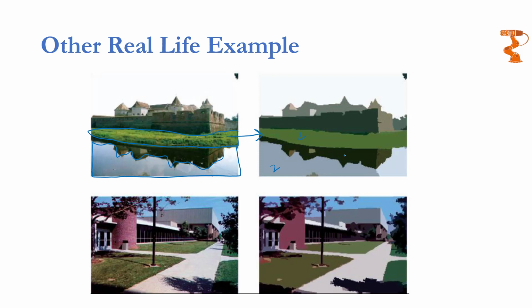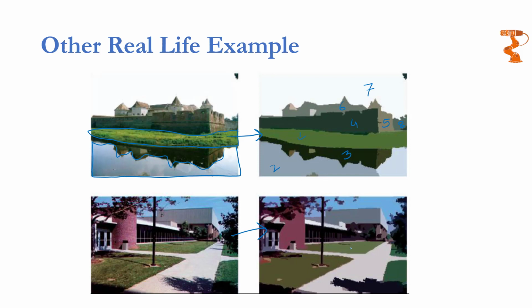You have a third region over here, a fourth region over here, a fifth one, and a sixth one, and a seventh one, and eighth one, maybe. So mean shift segmentation has easily divided this complex image into 8 different regions, and it has segmented out different portions very easily. Same is the case in this image.